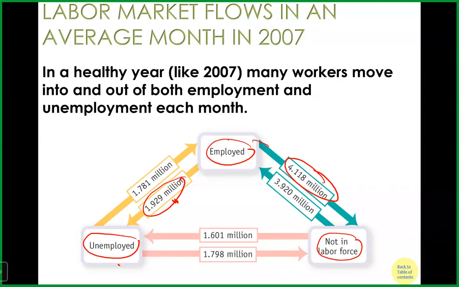Now, who moved from employed to not in labor force? There are more than 4 million people. Retired, thank you, retired. That's the majority. People retired, or someone who won a lottery, so they decide not to work or don't need to work, right?